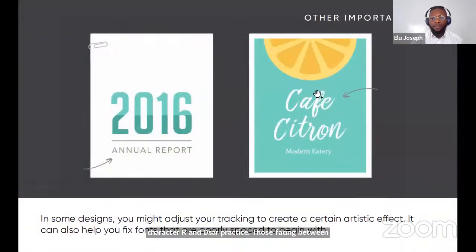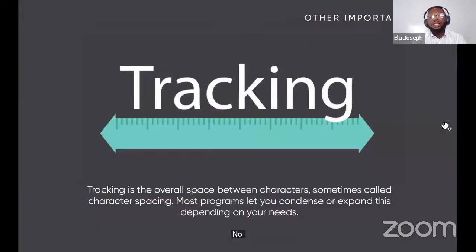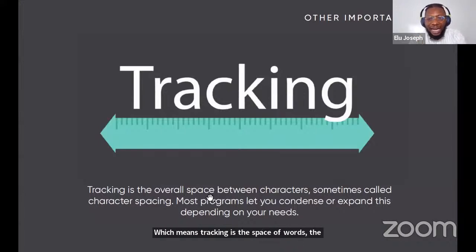Now, tracking is the space of the overall characters, which means tracking is the space of words, the individual words. Say space. Space is a word. How much space does that word carry? That is called tracking. How much space do the characters carry? That is tracking. Okay.